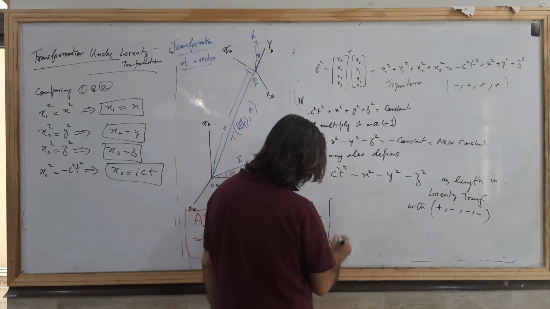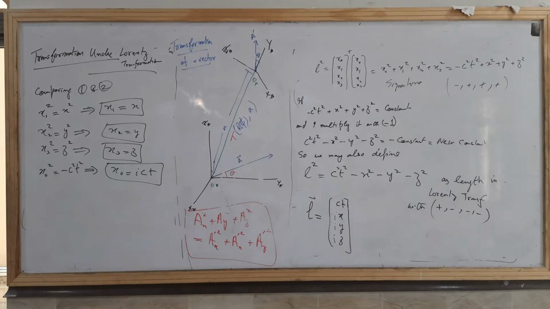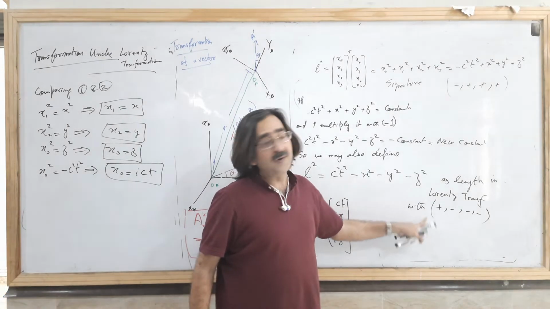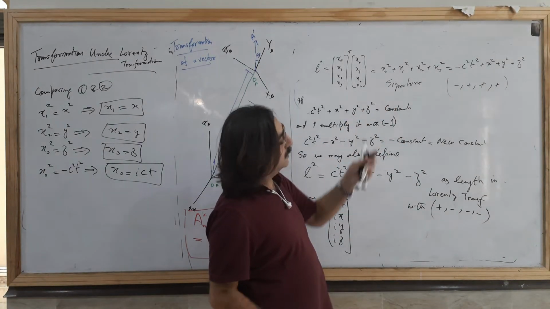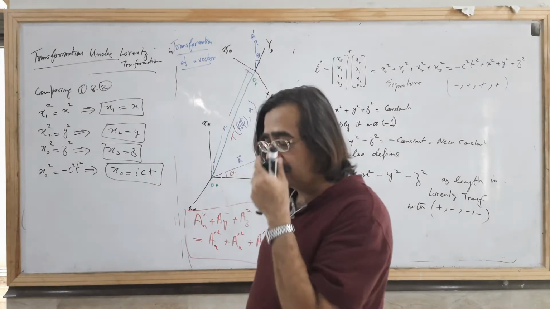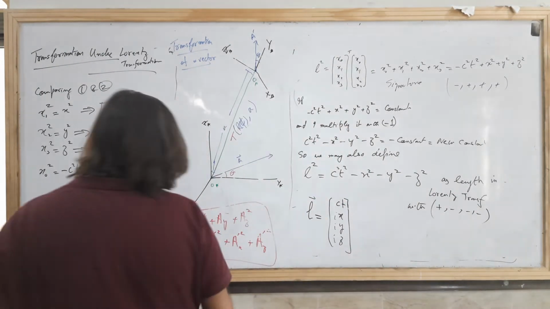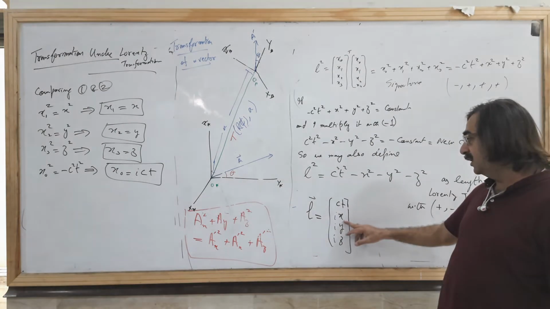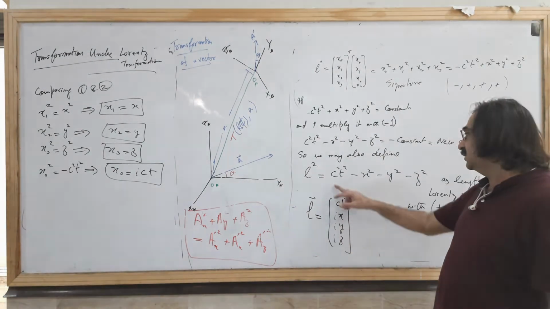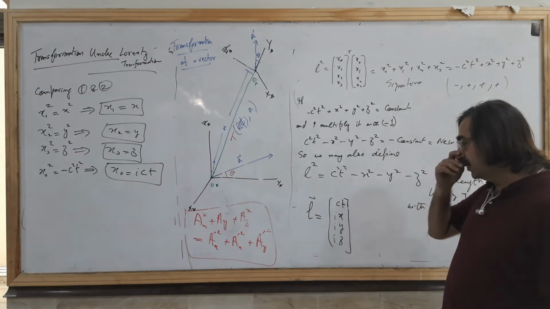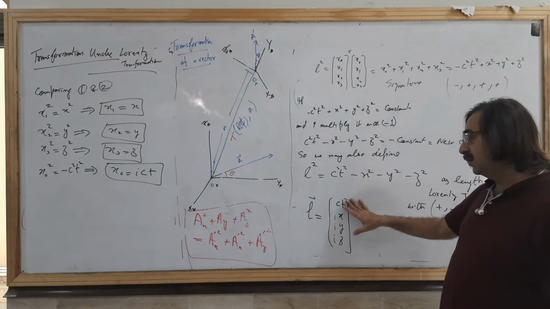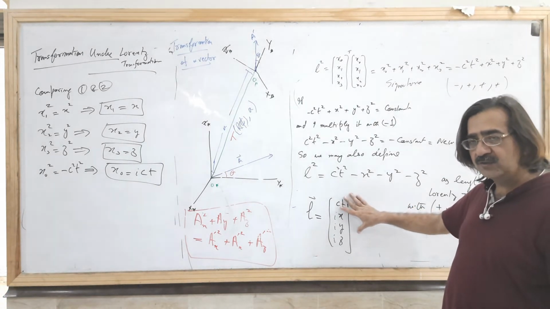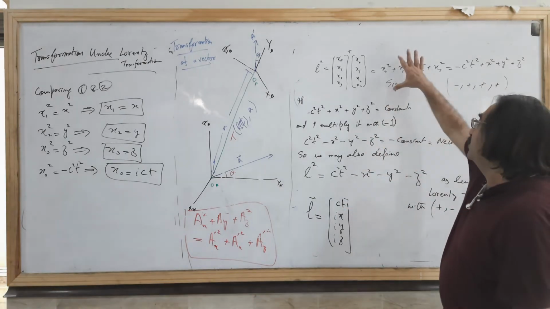L will be equal to this. We will use this signature. Umar, please be serious. The first component will be ct, and the other components iota x, iota y, iota z. This signature is also used in tensors, but we are not studying tensors. That's why we will not use this representation, but we will use this signature.